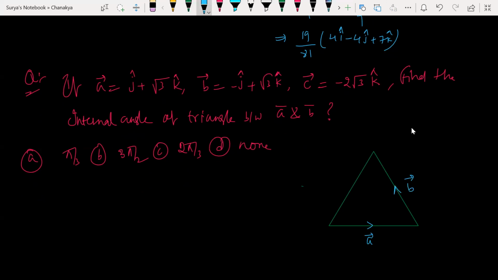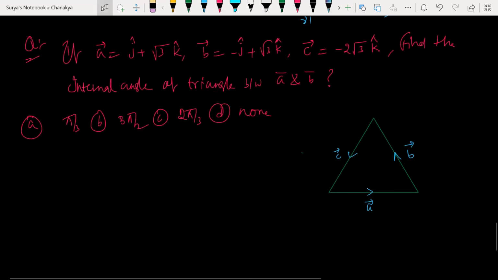Vector B is like this, and the vector C is like this. This is how you got. Is it clear? Yes or no?